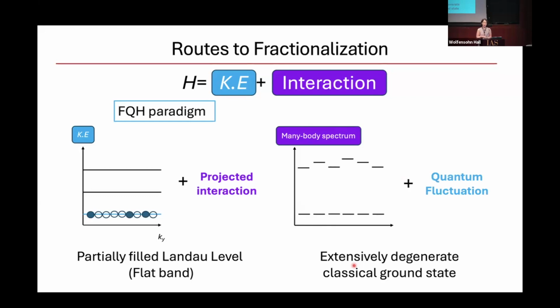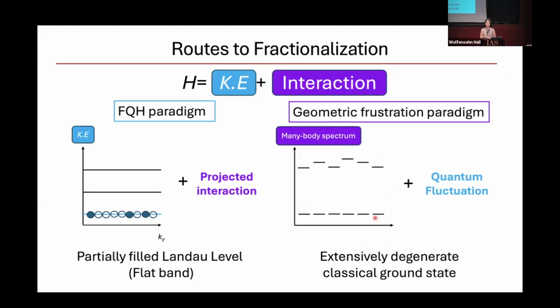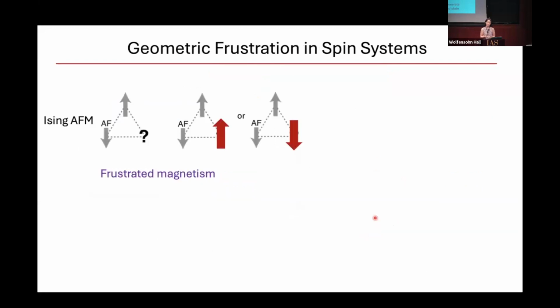Now, you might ask, how do I get this extensive degenerate ground state? The way to get an extensive degenerate ground state is the geometric frustration paradigm. This is a canonical example of geometric frustration. If you have antiferromagnetically interacting Ising spins, and you put them on a triangular lattice, that's where the geometry enters, your third spin wouldn't know whether to be up or down.